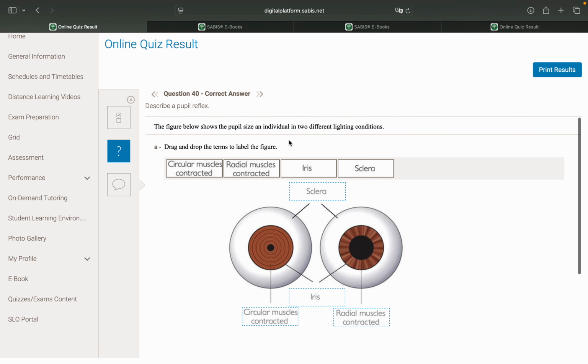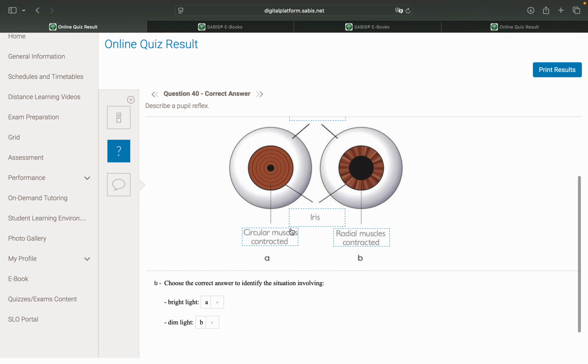So this is talking about the light and how the pupil is reflexing to it. In A, it contracted because of bright light, and in B, this is how it looks in dim light. So you can see it's more dilated when there's dim light.